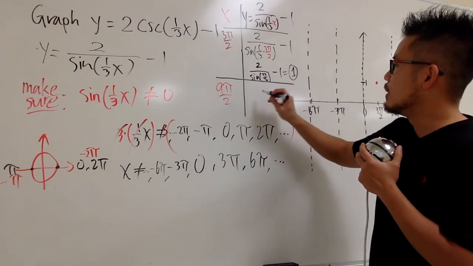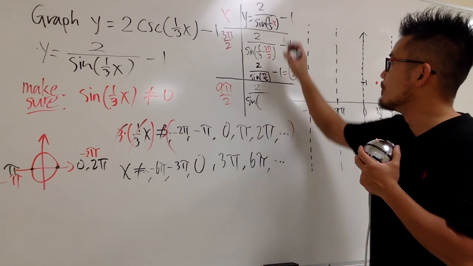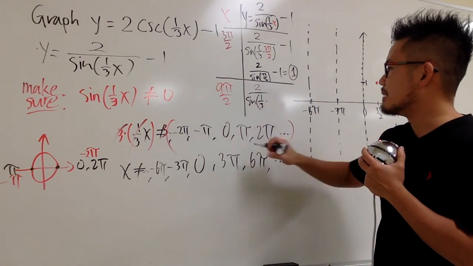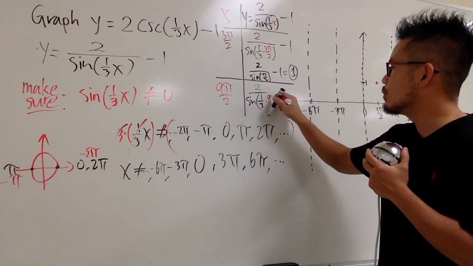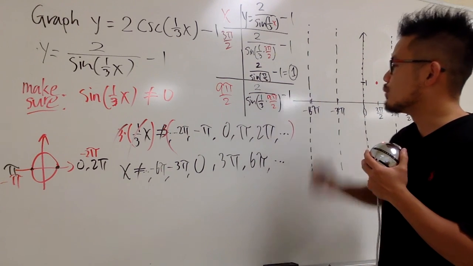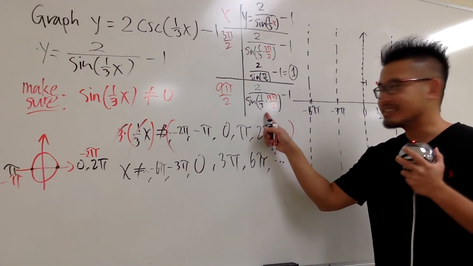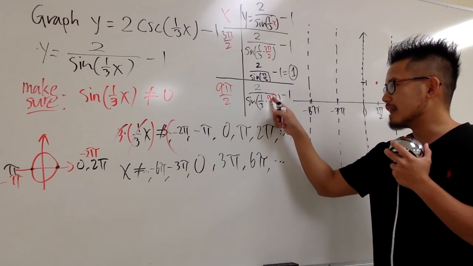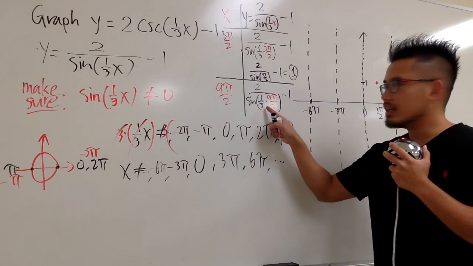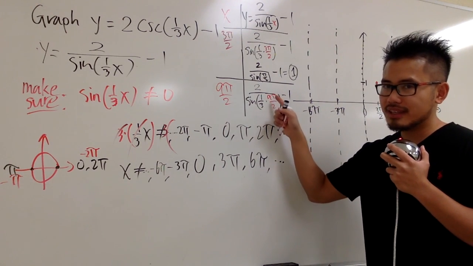Plugging this into here, we have 2 over sine of 1/3 times 9 pi over 2. After that, minus 1, right? Okay, inside out, 1/3 times 9 pi over 2. This right here, 3 and 9 reduce, so we have 3 pi over 2 inside.